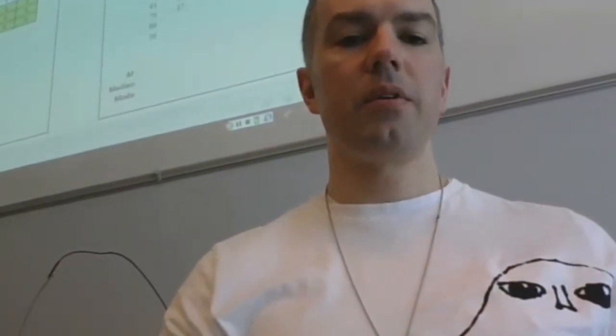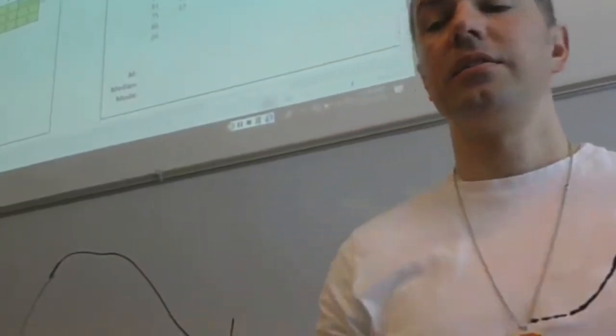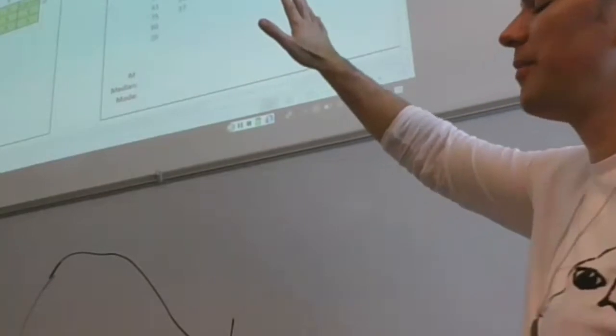So if we start there and we go, okay, equals average, and we open up the parentheses and we highlight the z-scores there, we can see now that we have the correct mean for the z-scores. I've left the answer cells, they'll automatically update.